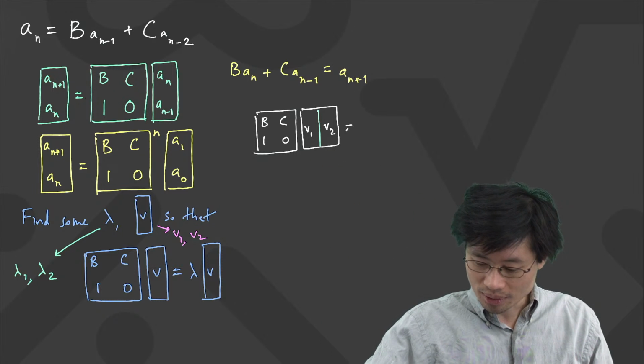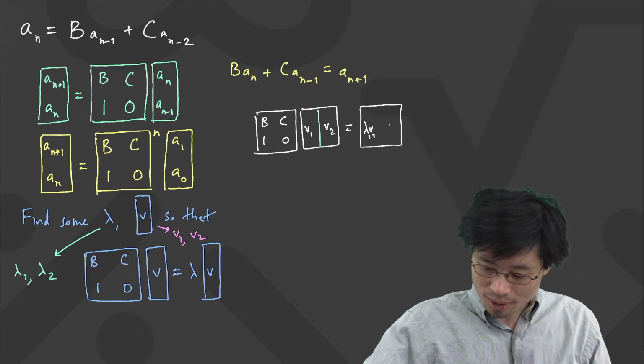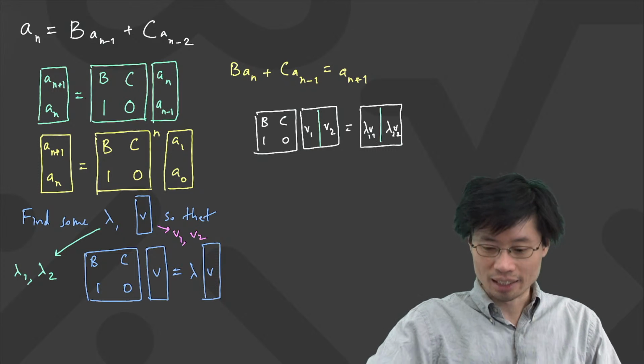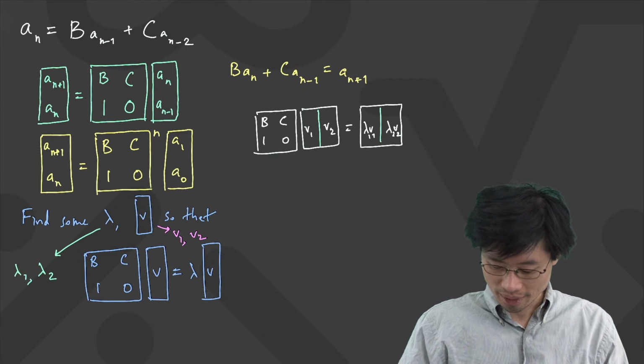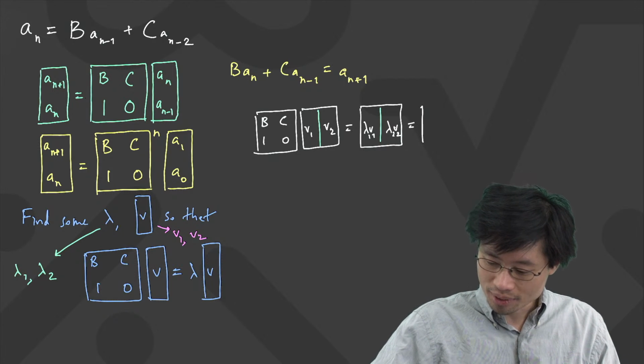And this was equal to the matrix where we know that what you did is you just rescaled each one, lambda 1 v1 and lambda 2 v2. You got this. And the beauty of that is that turned out to be the product of the v1, v2 on the left multiplied by a diagonal matrix on the right.